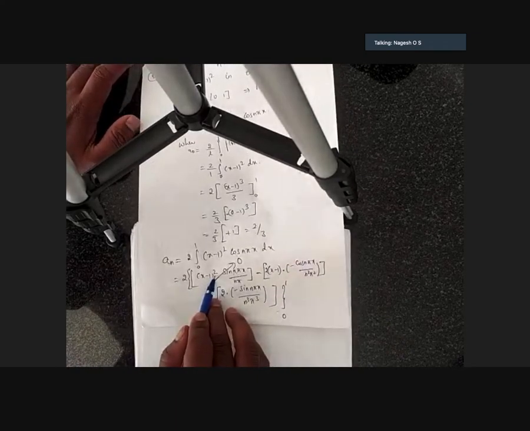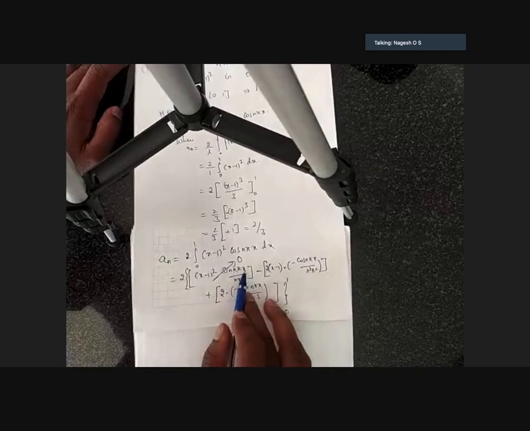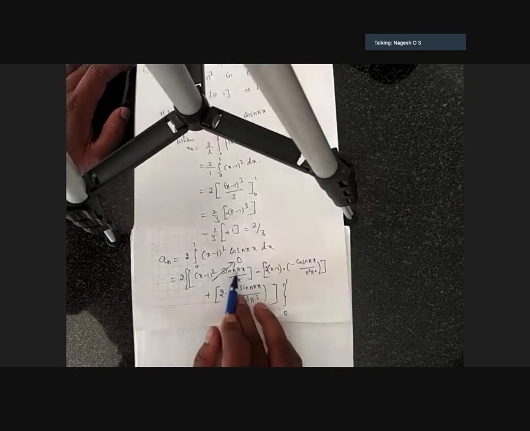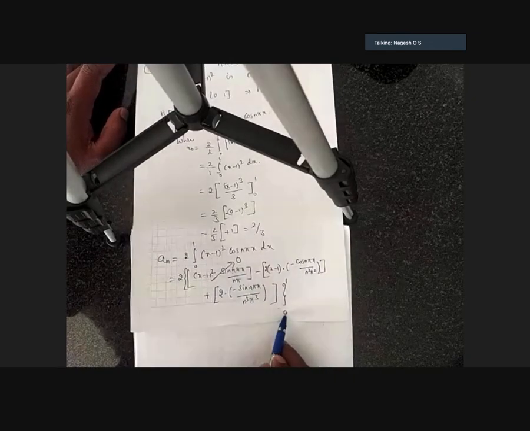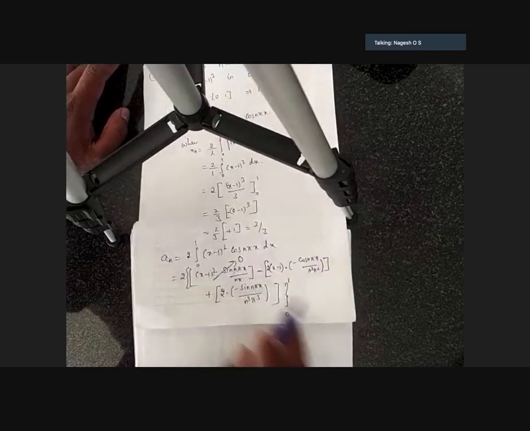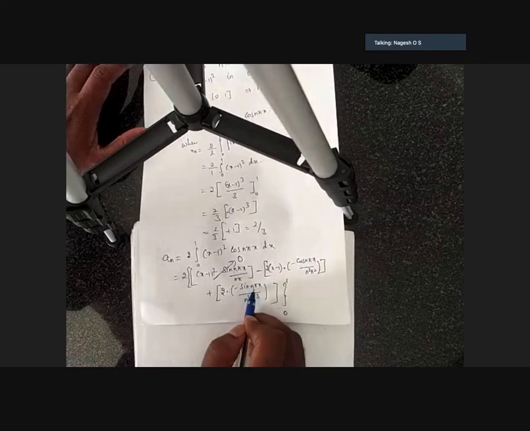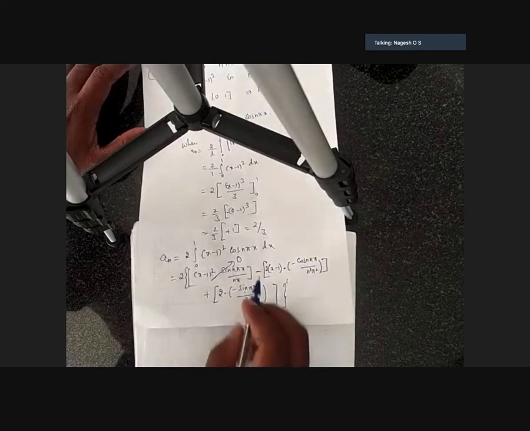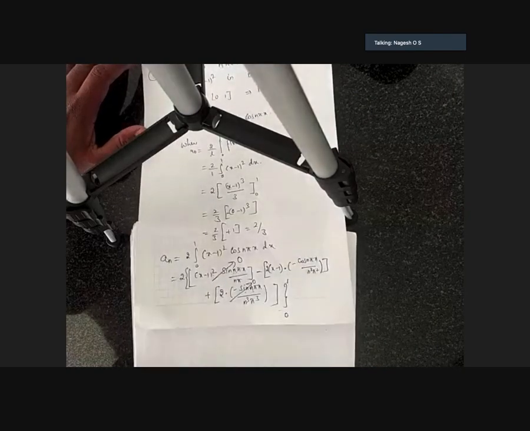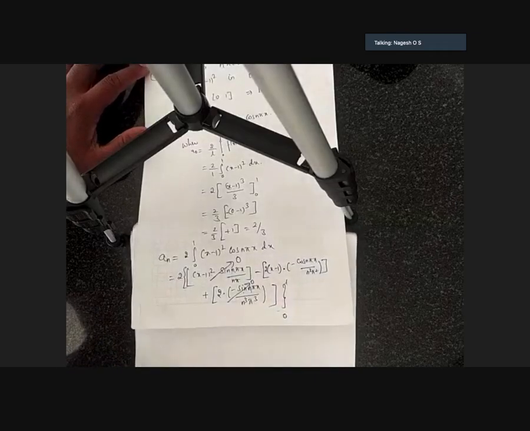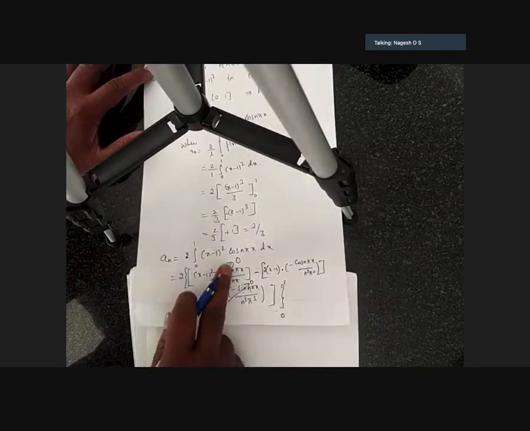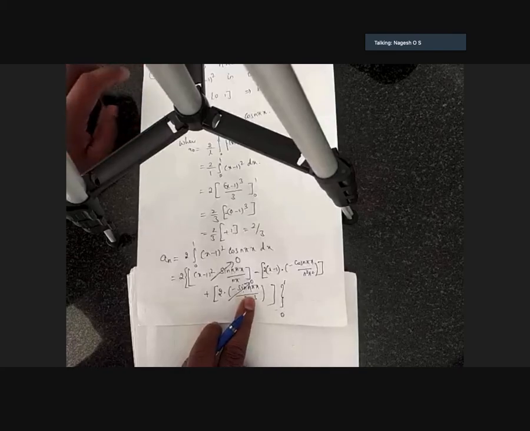For this function, if you substitute x as 1, then sin n pi is 0. If you substitute 0, sin 0 is 0. Next, for this, if you substitute the upper limit, sin n pi is 0, and for the lower limit that is also 0. No need to substitute the limits for this and this, as it will become 0.